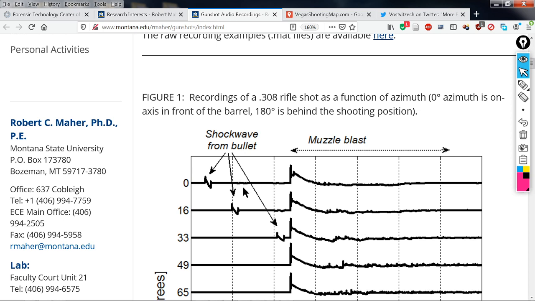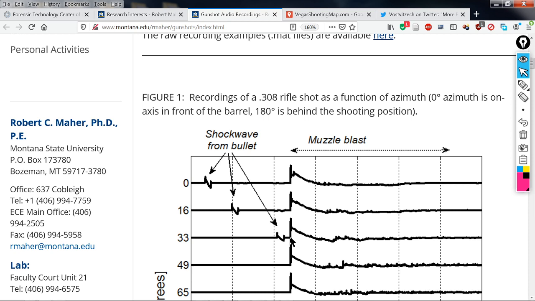But as you increase this azimuth angle, the shock wave gets closer and closer to the muzzle blast. Now, in real terms, what does that mean? That means if I'm firing out of the window from room 135 towards the venue, then things to my right at large angles will have less lag.